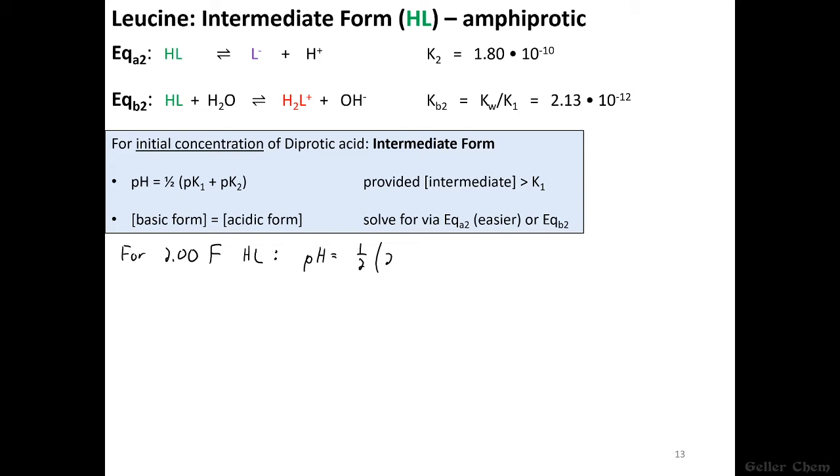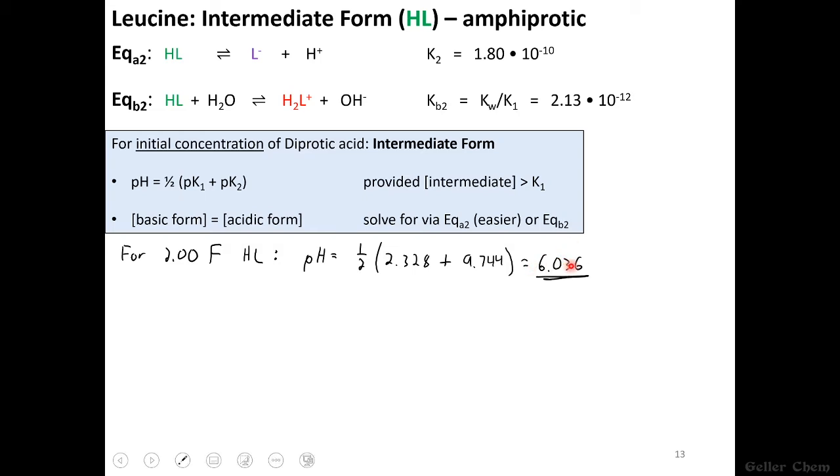And we would get 1/2 of (2.328 plus 9.744) equals 6.036. Done. There's our pH.